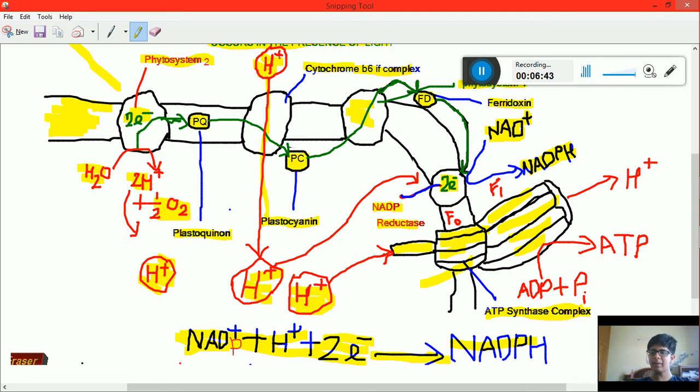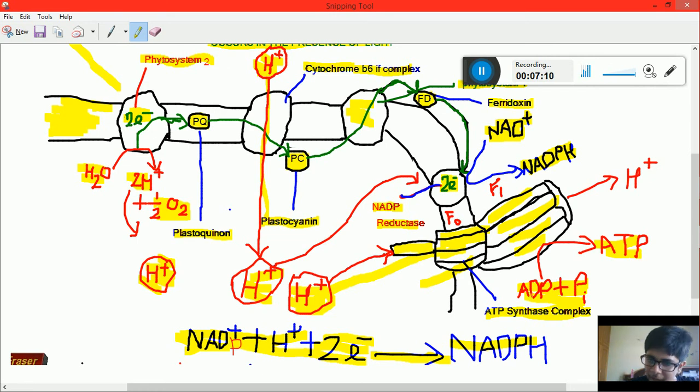Now basically what happens? The hydrogen ion flows through the F0 structure and goes to the F1 structure. There it helps to convert ADP and phosphate ion into ATP. As we say, adenosine diphosphate plus one phosphate will form adenosine triphosphate.